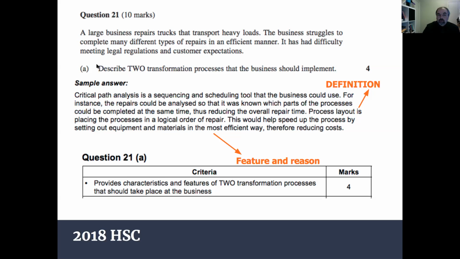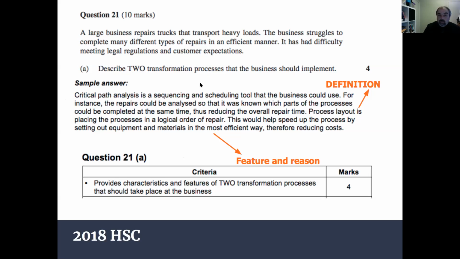Now it's a lower order verb in describe, and we look down to our criteria, provides characteristics and features of 2 transformation processes. So all we need is features and characteristics there. So critical path analysis is a sequencing and scheduling tool that the business could use.